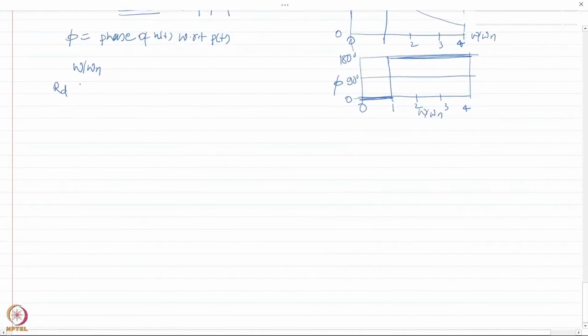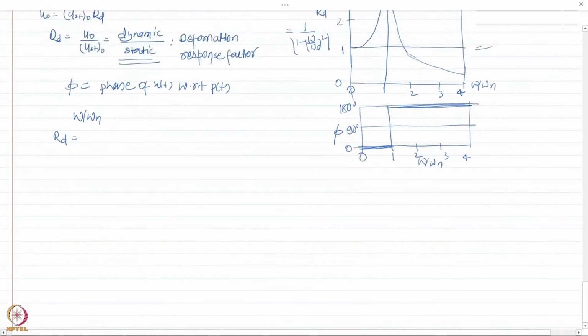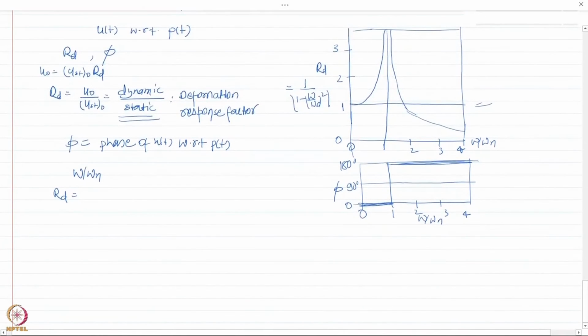Let us come to this graph. If the value of omega by omega n is very small, I do not see any amplification. My RD is equal to 1. That means u naught is equal to UST of naught, so dynamic is equal to static.